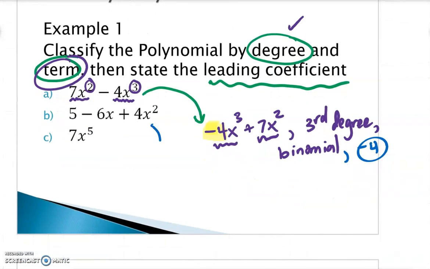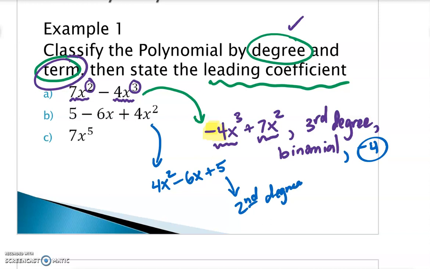Let's look at the next one here. Let's write it in standard form. So 4x squared needs to be written first. That's the highest degree, minus 6x, that's first degree, and then plus 5. The constant number always goes last. This is going to be second degree.